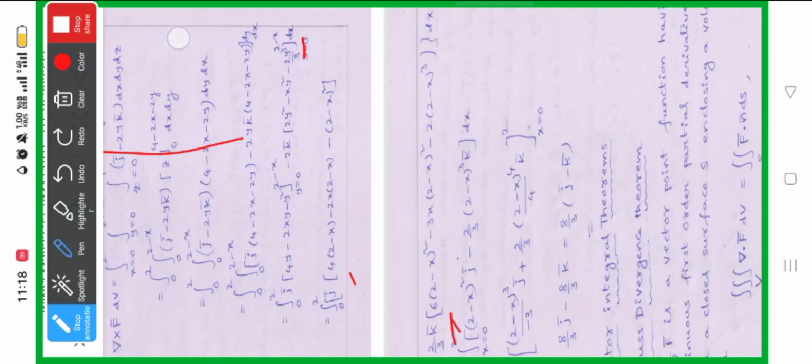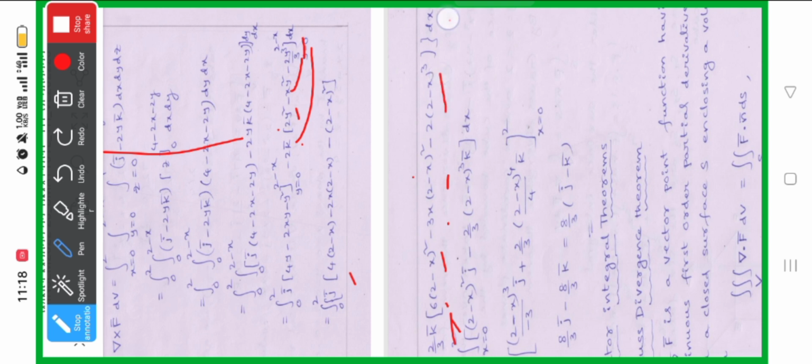Now you can take 3 as commonly outside, 2 over 3 k component outside. Now 2 3s are 6, and substitute the y value, 2 minus x whole square. Now again 3 1s are 3 into x square, the y term is a whole square, and minus 2, this is the y cube term, into dx.